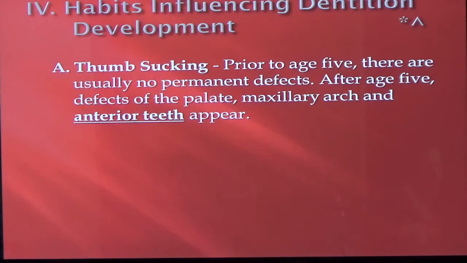Or sometimes throughout the day. If they just use it to go to sleep, fine, but if it's throughout the day, it's causing some damage. But with little kids, it's usually not that bad. So what will happen? It's just going to make the anterior teeth flare out and kind of arch and vault the upper palate.